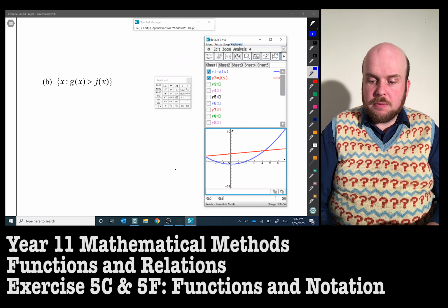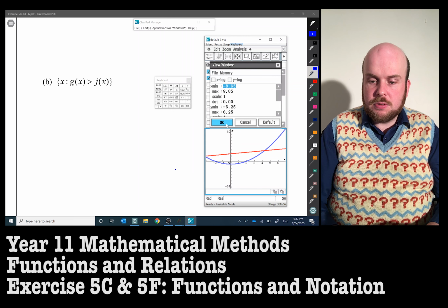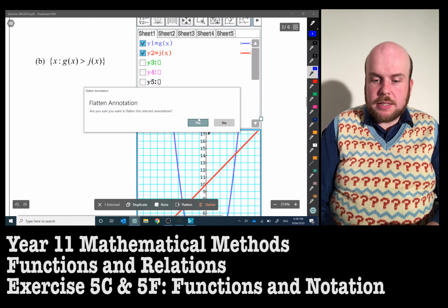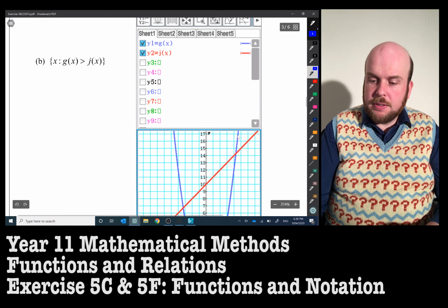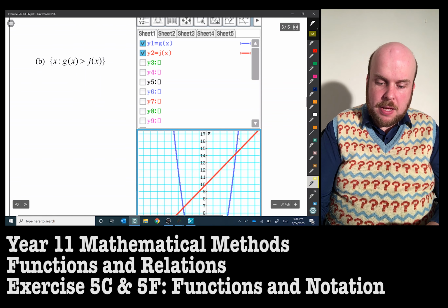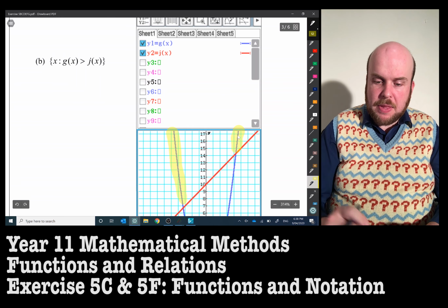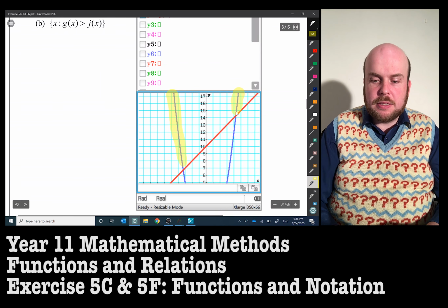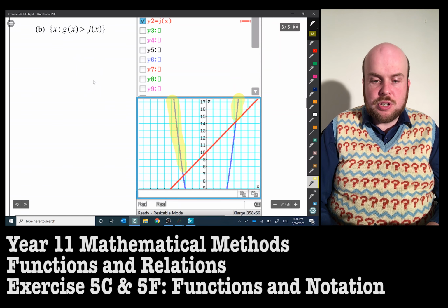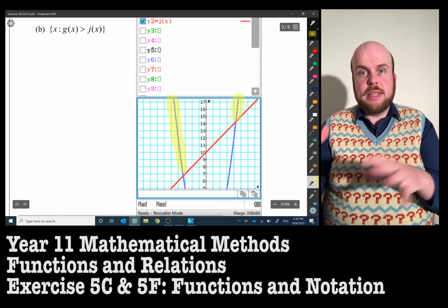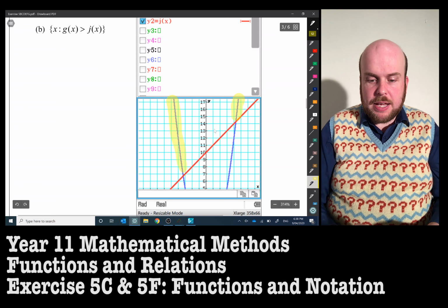So what we're going to do is just zoom out a smidge here. So what it's asking is what x values will result in that part of the graph and that part of the two graphs, because that's the points where the g of x is greater than or higher than the red line, which is j of x.